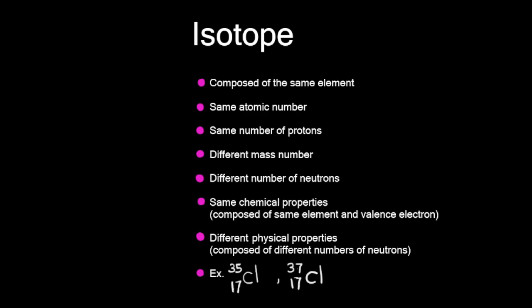Examples of physical properties that can vary include density, nuclear stability, and radioactivity, all of which depend on the number of neutrons and the nuclear structure. Examples of isotopes include chlorine 35 and chlorine 37, which are the two isotopes of the element chlorine.